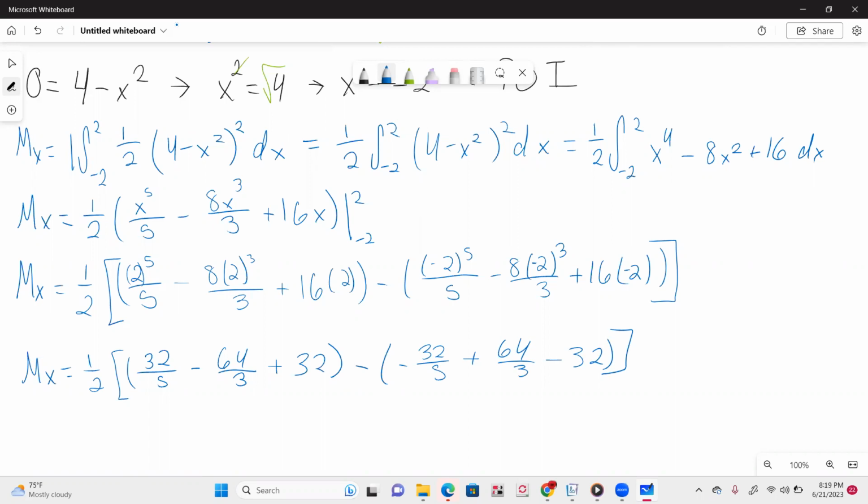Now, I could actually solve this out or use a little bit of logic as a shortcut here. As we can see, this term is the opposite of this, but is multiplied by a minus sign, right? So this term is actually just going to be these same numbers added to each other. So it's going to be 32 over 5 plus 32 over 5, negative 64 over 3 minus 64 over 3, and then 32 plus 32, right?